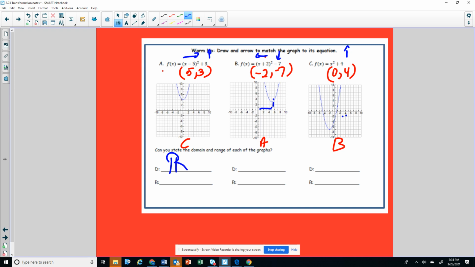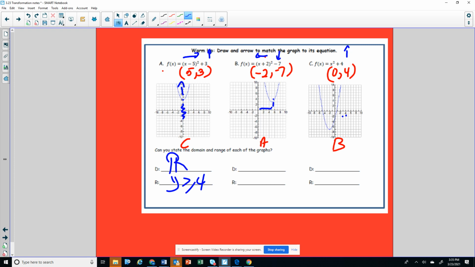So let's look at this first graph here. If you notice, the lowest y value on this graph is 4. And so there are no y values for the graph below 4. They are all above 4. So the range is going to be y is greater than or equal to 4.